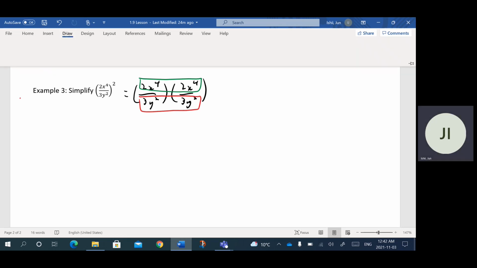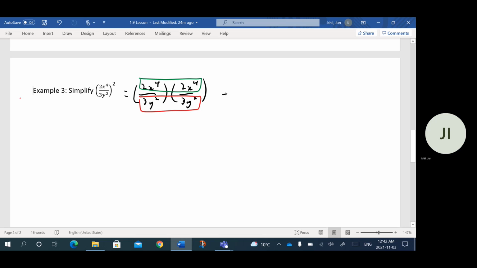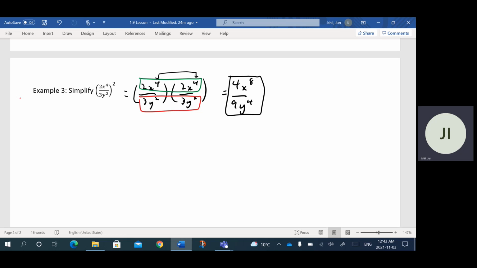Right. So as a result, this is going to equal 2 times 2, which is 4. I have x to the 4th times x to the 4th, same base, so add the exponents together, that's x to the 8th, over 3 times 3, which is 9. I have y, add the exponents together, I get 4. Okay, so this is kind of like the final answer.